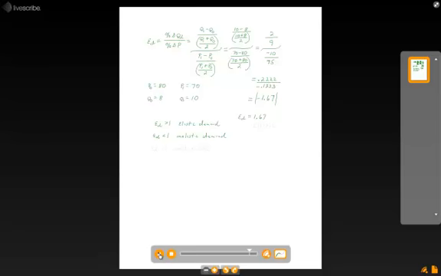And on the off chance that the elasticity of demand is exactly equal to 1, we call it unit elastic. So in this case, since our elasticity of demand was 1.67, and that's greater than 1, you would say demand is elastic.